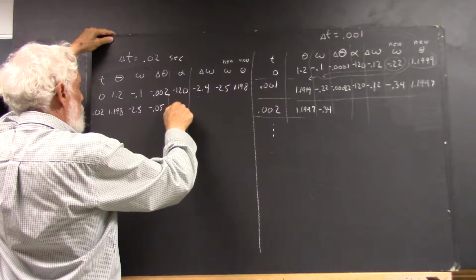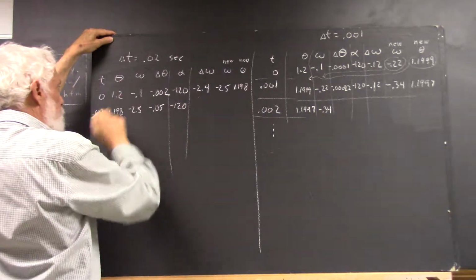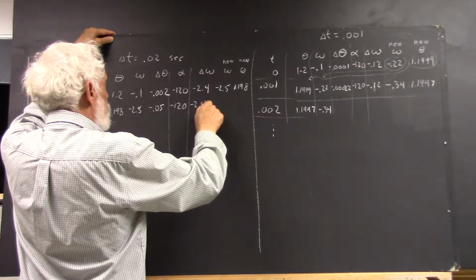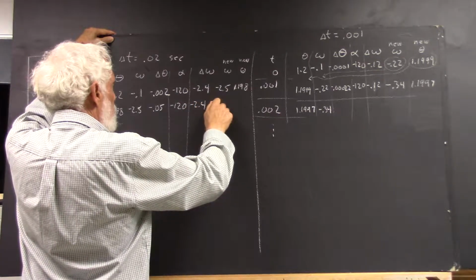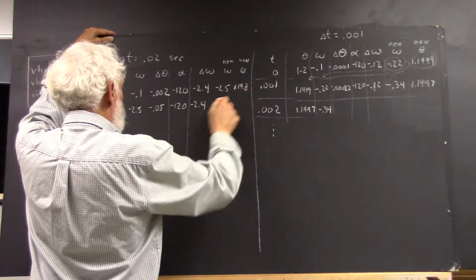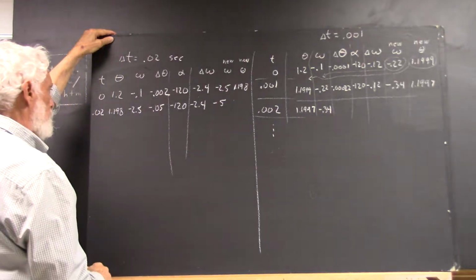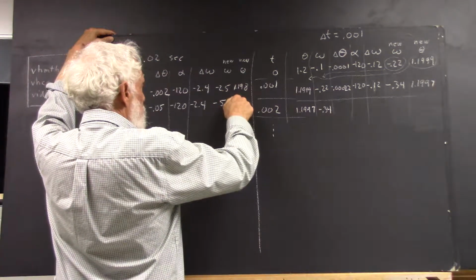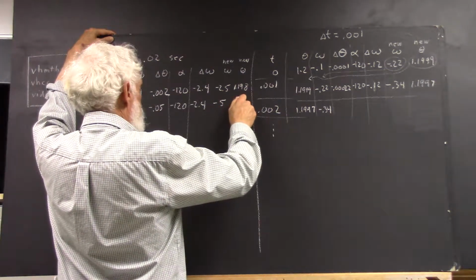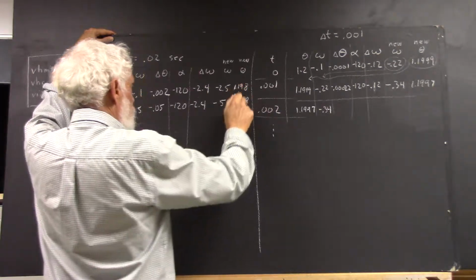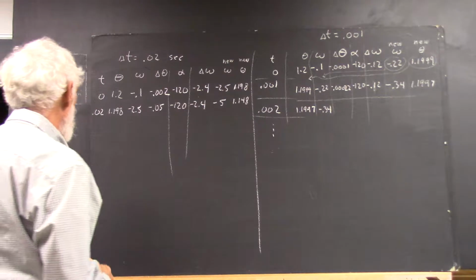And alpha is still about -120 because theta hasn't changed very much. So delta omega is still about -2.4. So now we have omega -5, and theta has changed by -0.05. It's going to be 1.148.